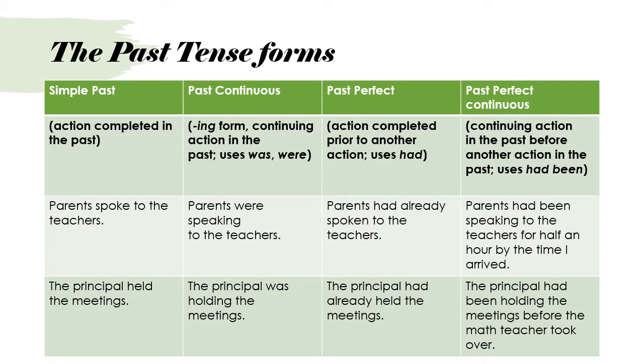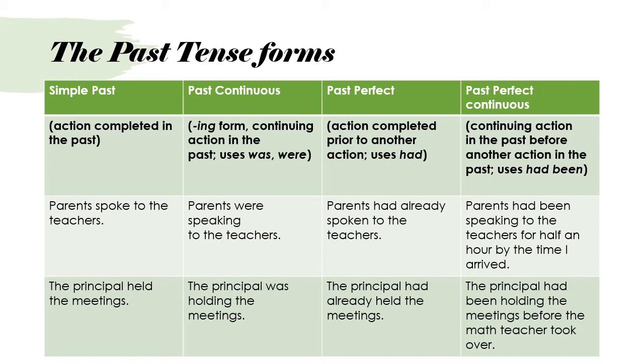So simple past is used to denote actions completed in the past. For example, parents spoke to the teachers. The principal held the meetings. The past continuous form, because it's continuous, we use the ing form.